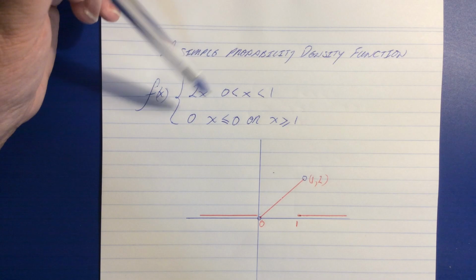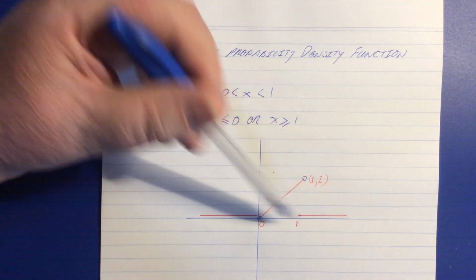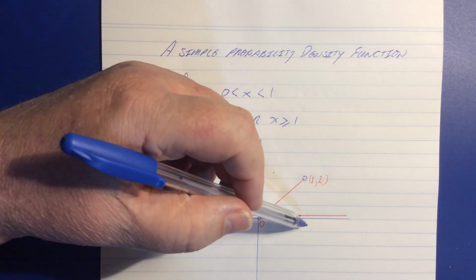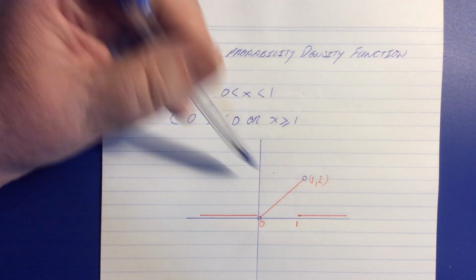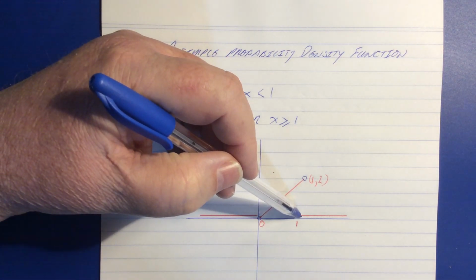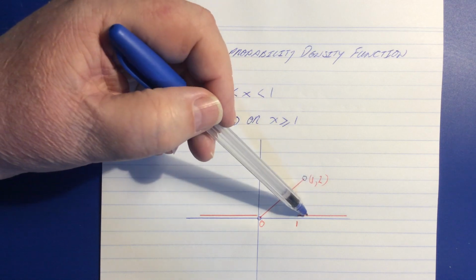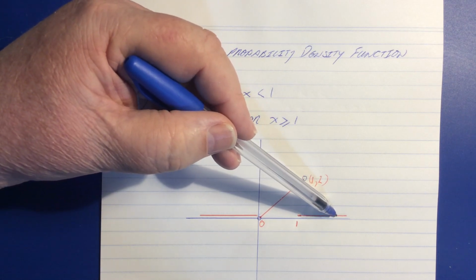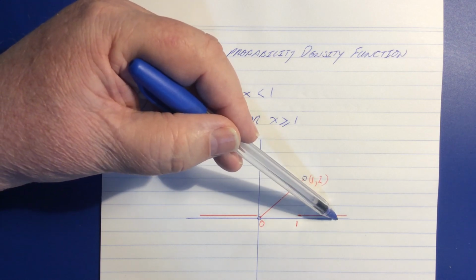Okay, the other part of the function is to the left of it and to the right of it, and what I've tried to show here is that the function is equal to 0 in these parts, but I've had to raise this a tiny bit so that you can see the red against the blue. But the idea is that there is no area between the function in this area and the blue line.